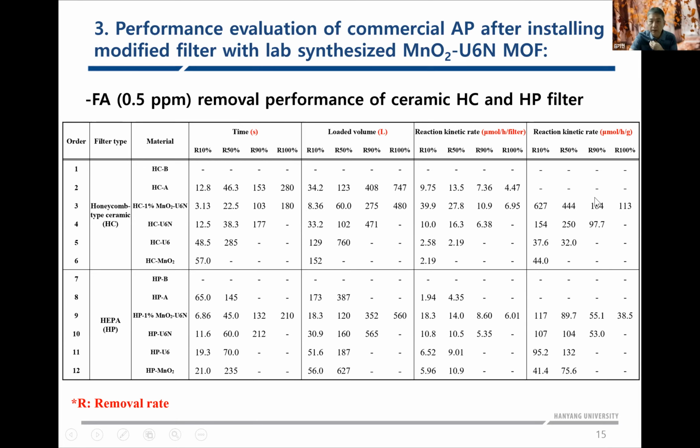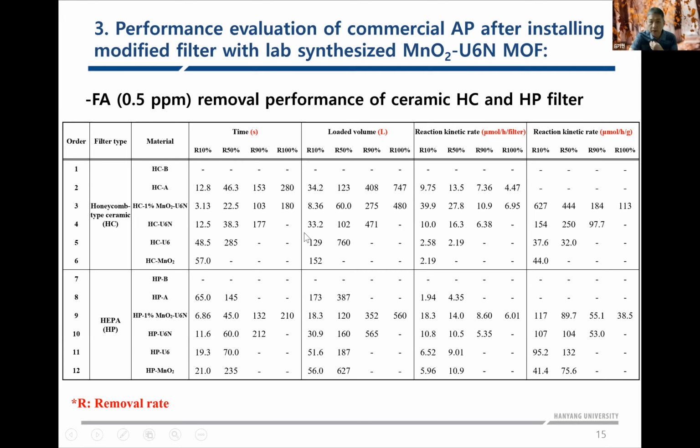Even in reaction kinetics, we couldn't compute all, but generally when the values are computed, this best system, 1% MnO2, shows 627 micromole per hour per gram. For this part, as we synthesized it, we measured per mass of catalyst.